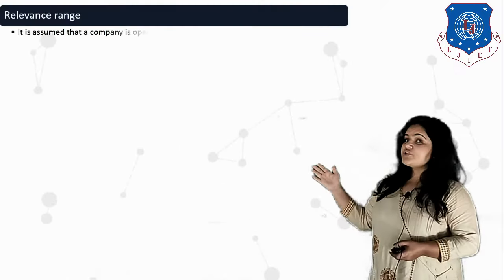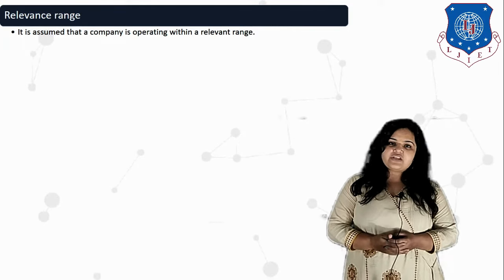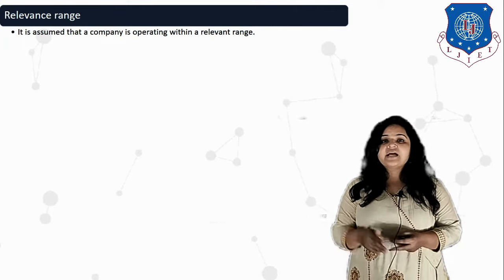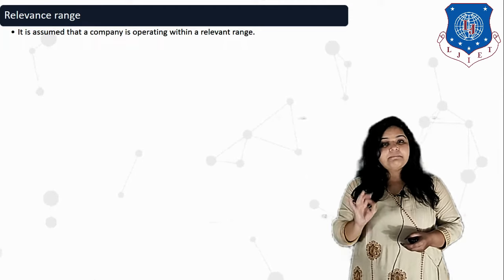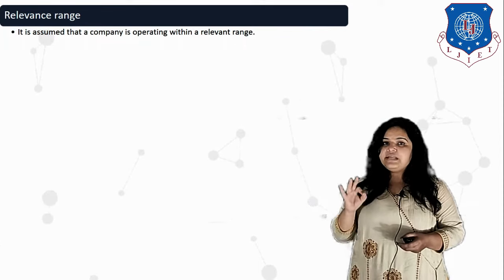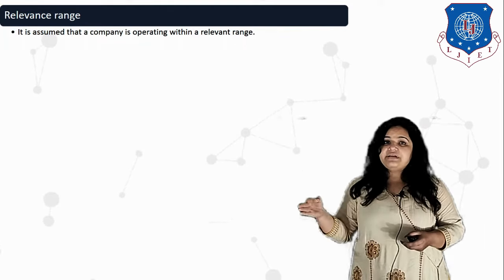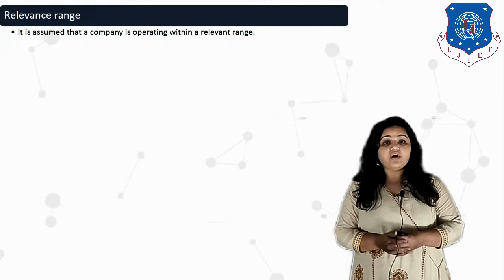The first assumption of break-even analysis says about relevant range. It tells us that the company is operating in a relevant range. Remember students, break-even analysis is only true for a relevant range. This means it is only true for short run production.